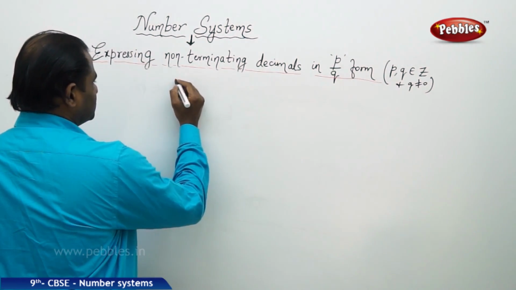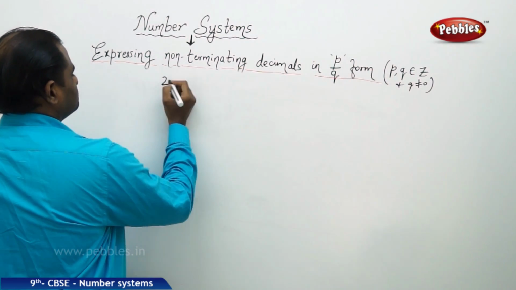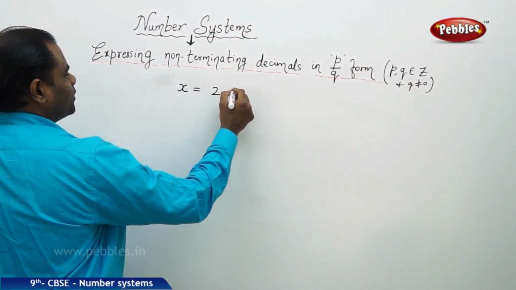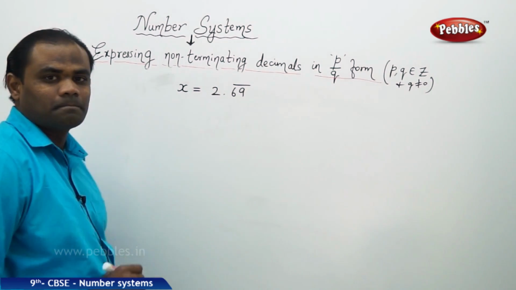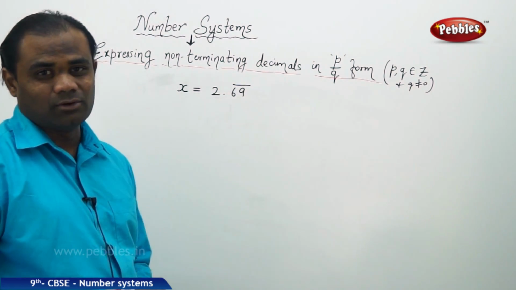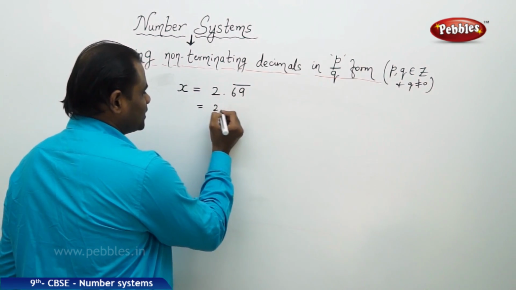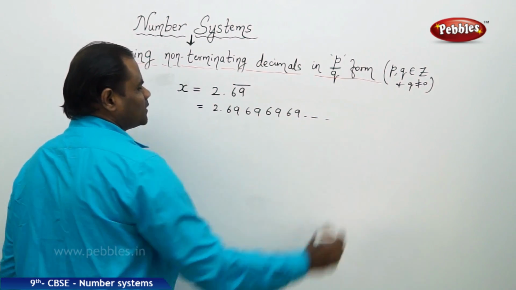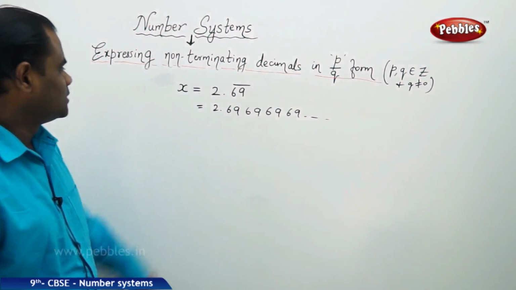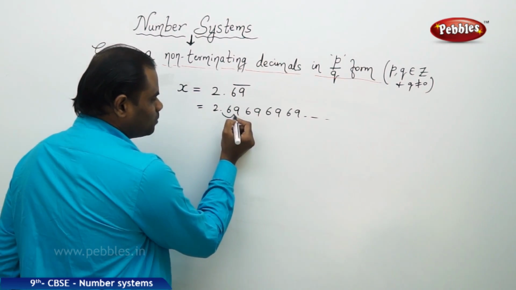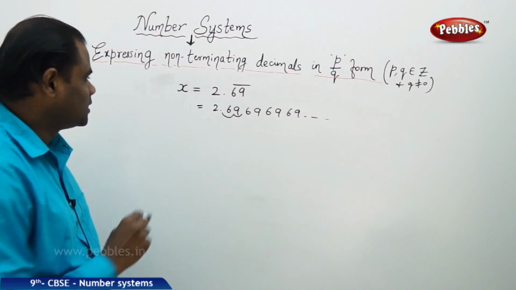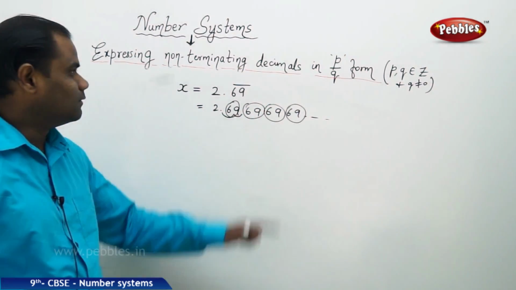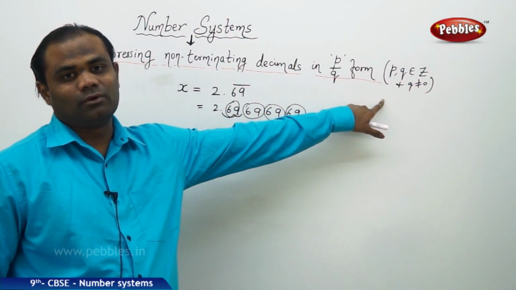For example, I take my value of x, which is 2.69 bar. Suppose my bar is over 2 digits, then the only thing I do is expand this, repeating the bar all the time. And the secret behind this is to shift the decimal not by one place but by 2 places, because it is the repeating number which is taken into account every time we convert a non-terminating decimal into p by q form.